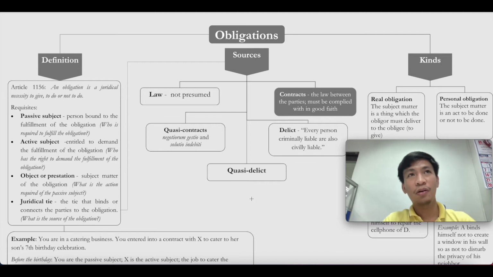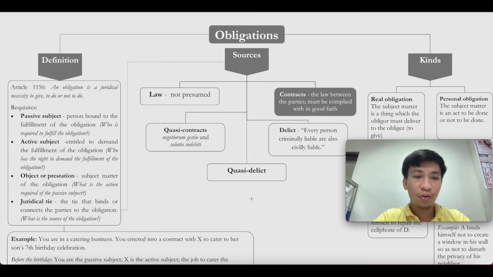Ngayon, pag sinabi natin lawful, kailangan hindi siya labag sa batas, 'di ba? Pangalawa, kailangan unilateral lang siya. It is the action of one party for the benefit of another. Pero not necessarily nag-agree sila, hindi. They did not agree, kaya nga siya hindi contract. And it must be voluntary.